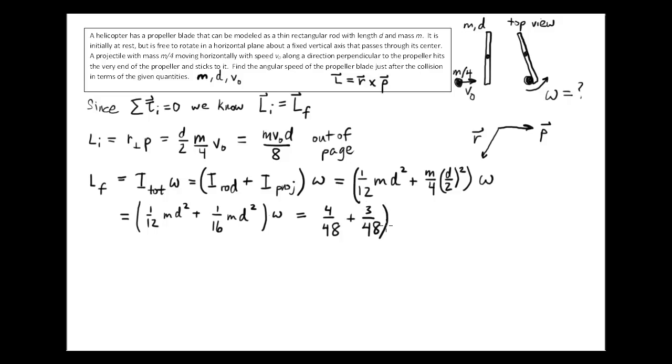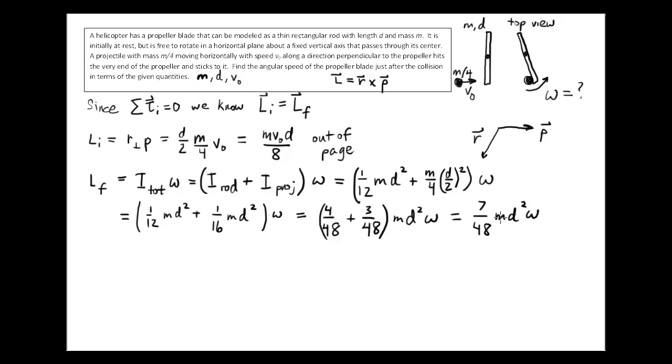That's what those two fractions give me. I can factor out the md squared omega from both of those, and so you can see that gives me 7 over 48 md squared omega. So that's the final angular momentum. I'll set it equal to the initial angular momentum.